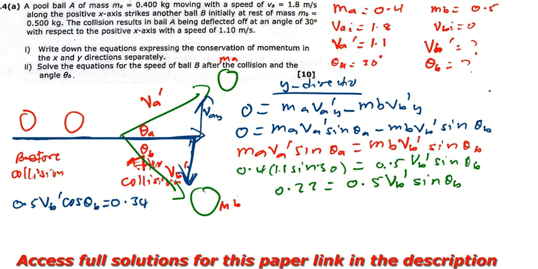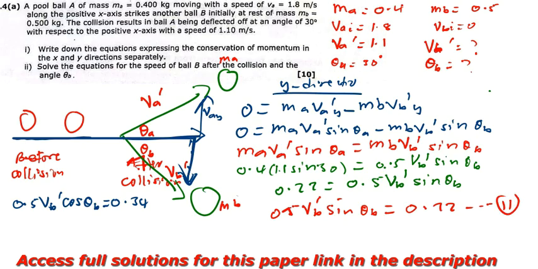So what we can do, I can start writing this side to say 0.5 VB prime sine theta B being equal to 0.22. So this is going to be my equation for the y-axis.